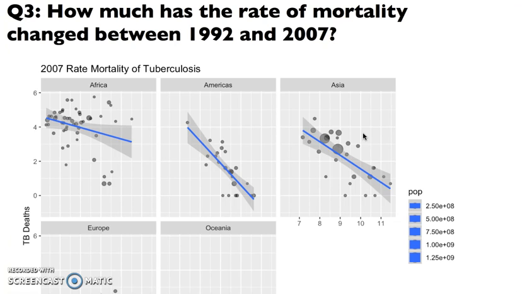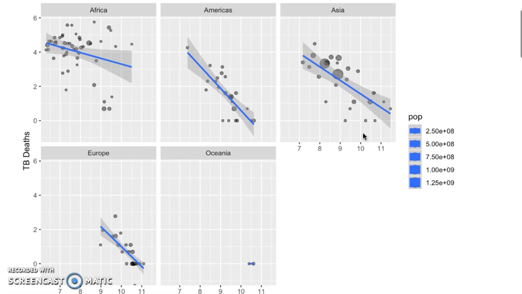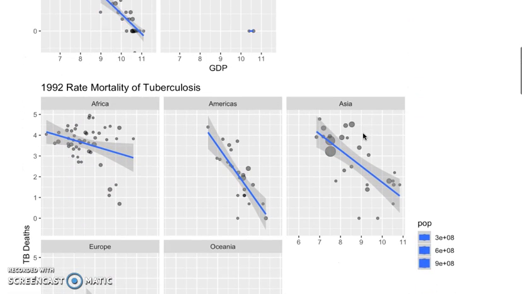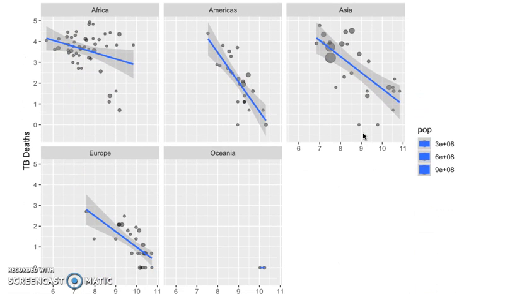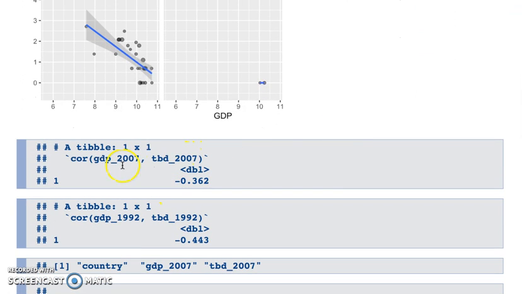more. Okay, so here is the graph of 2007, but here we're also comparing 2007 and 1992, the earliest and latest data points we could find for these data sets. As we look at the two, there is not all that much visible difference, but in running a correlation of the lines, we see that for our 2007 data, we get a negative 0.362, which is actually a fairly weak correlation.